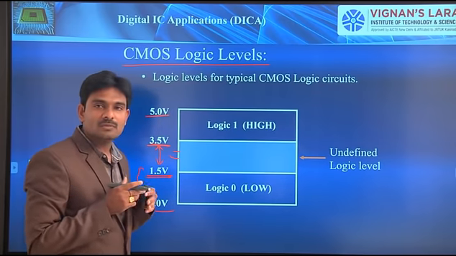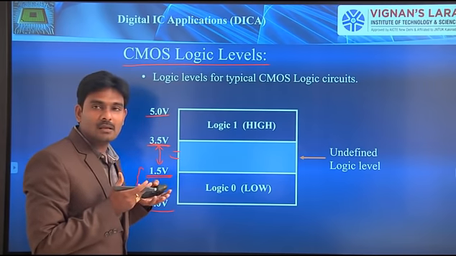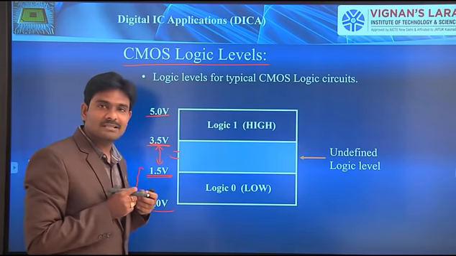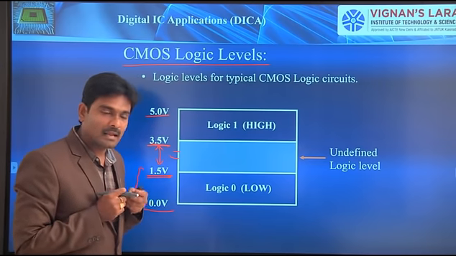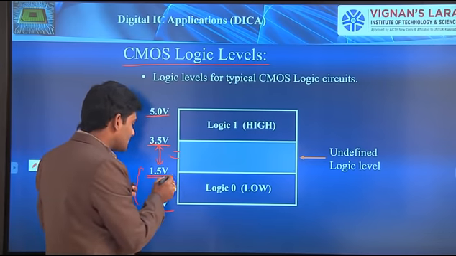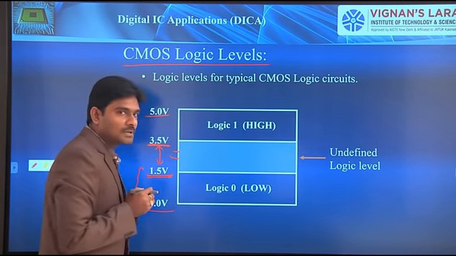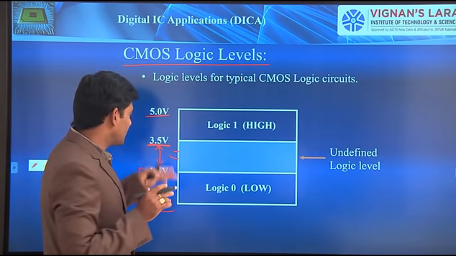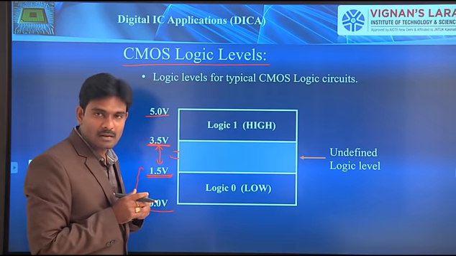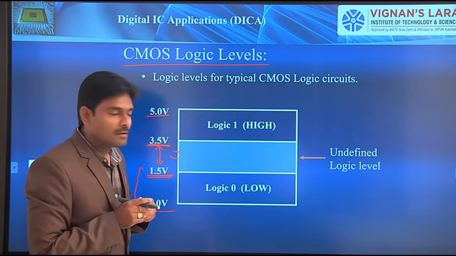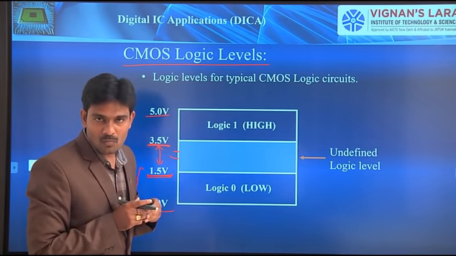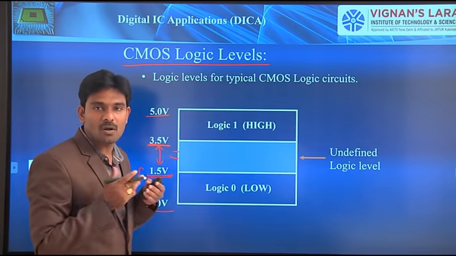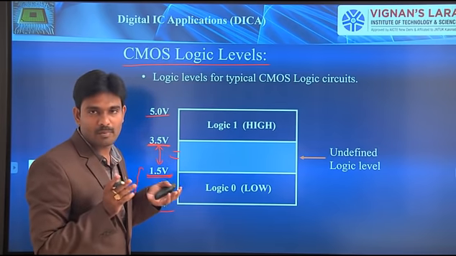Because of that, the user needs to take care that values between 1.5 and 3.5 do not occur at any time. If any value occurs in this undefined region, we can't predict the output, because the circuit may consider that value as either 0 or 1.